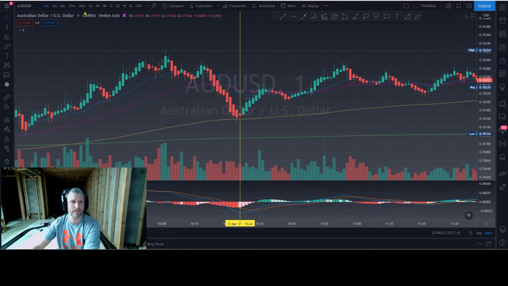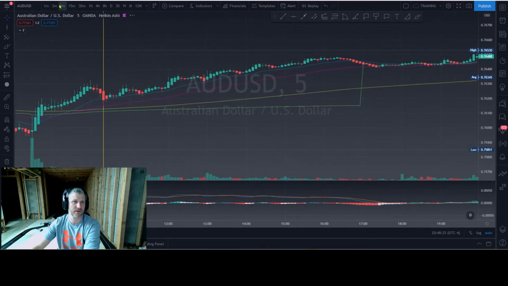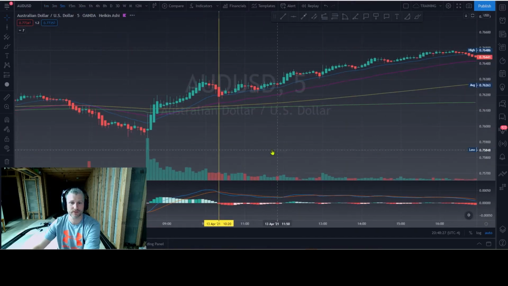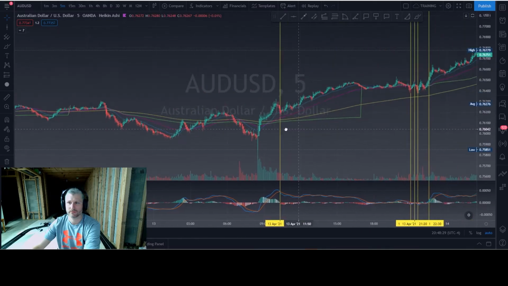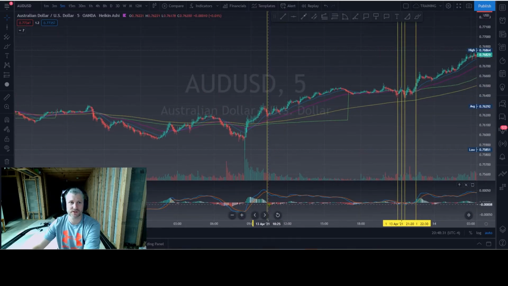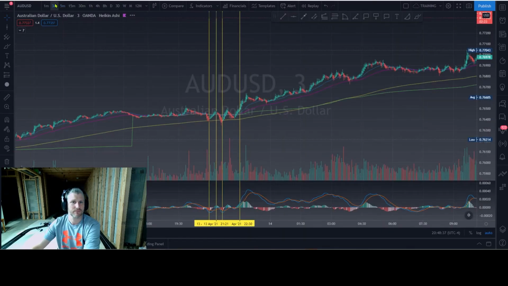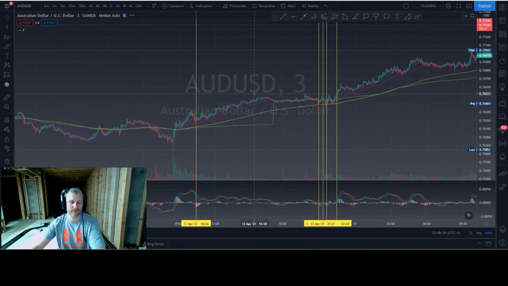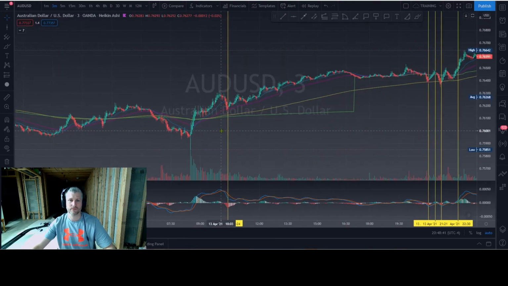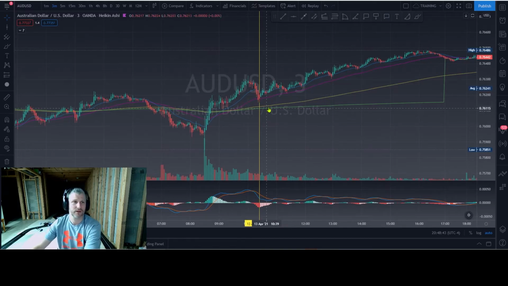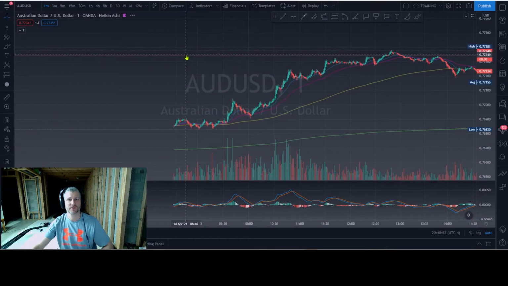So you can go and check your 1 minute and 5 minute, but you can see when you go to the 5 minute, this thing's already way up in the air. Yeah, we may have missed a little bit, but you can see the 3 minute is giving that same cycle, the same buy signal as the 15-minute.